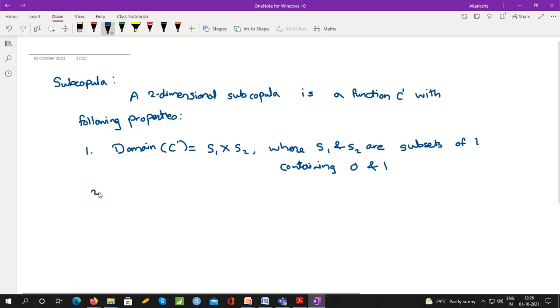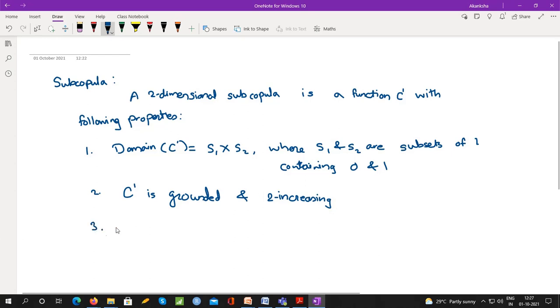The second point is C prime is grounded and 2 increasing. We have defined these terms, grounded and 2 increasing.